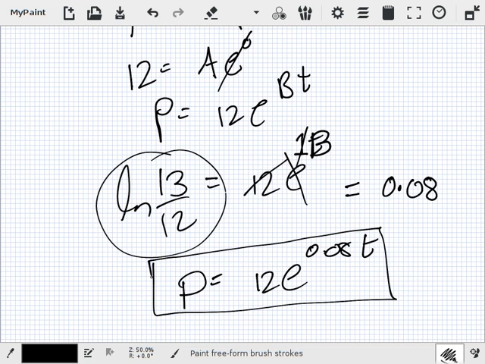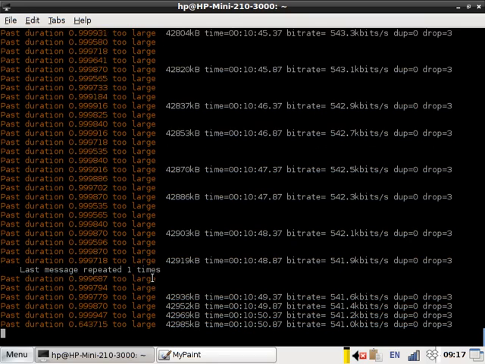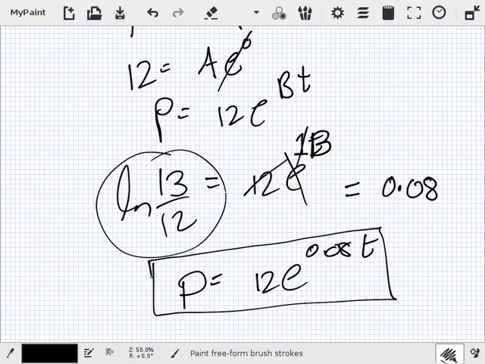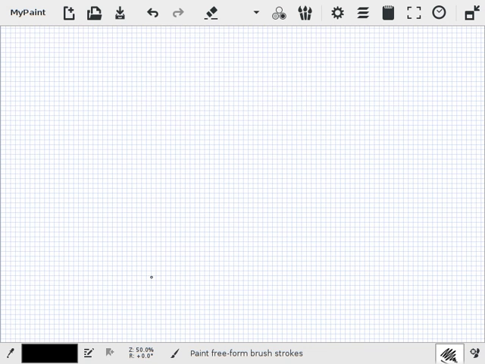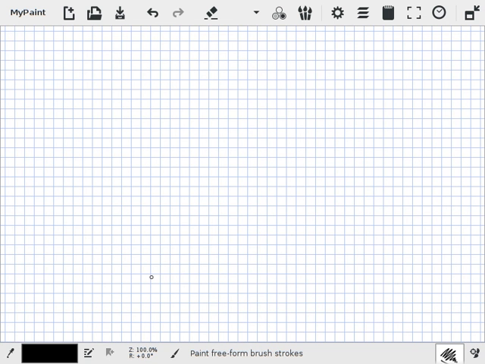In part B, I ask you to do the same thing, except assume a linear relationship. So in the next example, I want you to assume it's linear. That means the power will equal a constant plus a constant times t.